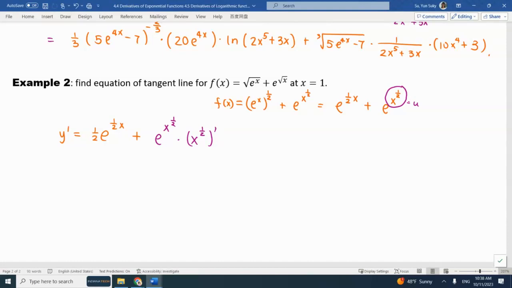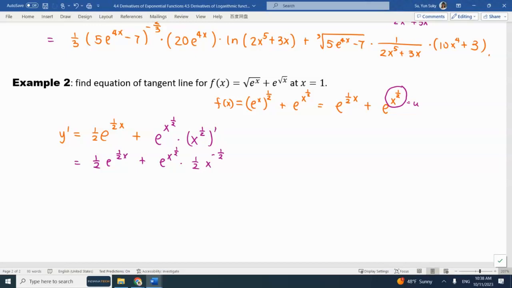Okay. What is the derivative of x to the 1/2? x to the 1/2 derivative is... yes, negative 1/2. Right, everybody?